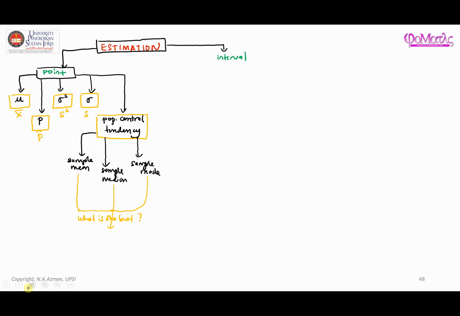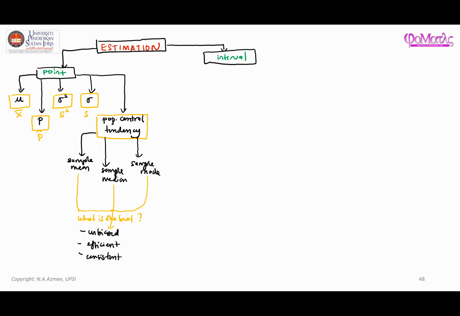In order to choose the best point estimator, there are three characteristics that you have to tick off. The first one is it has to be unbiased, it has to be efficient, and it has to be consistent. Basically these are the ideas which we have discussed related to point estimation. So now we are going to look at the interval estimation.